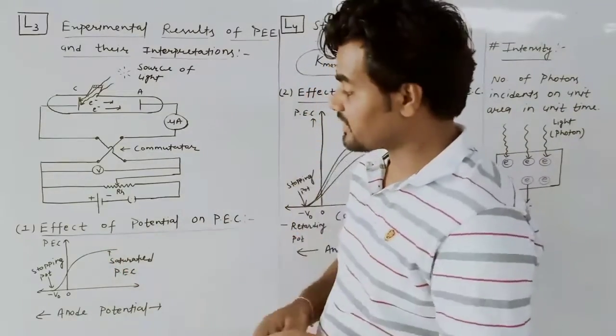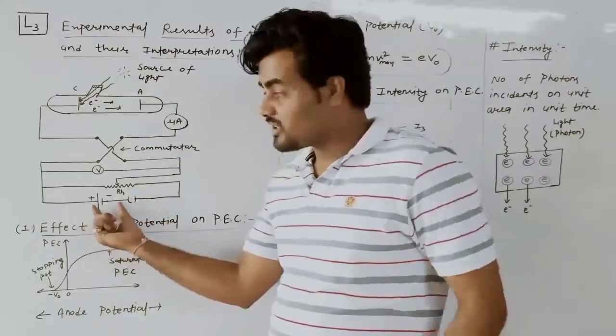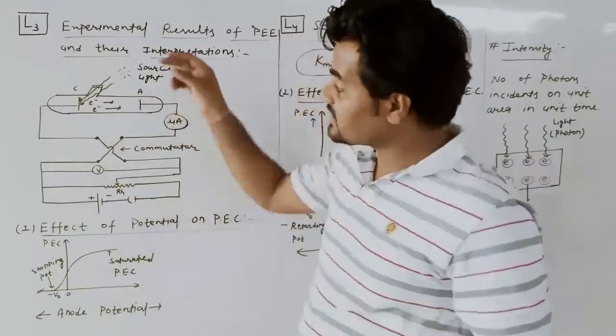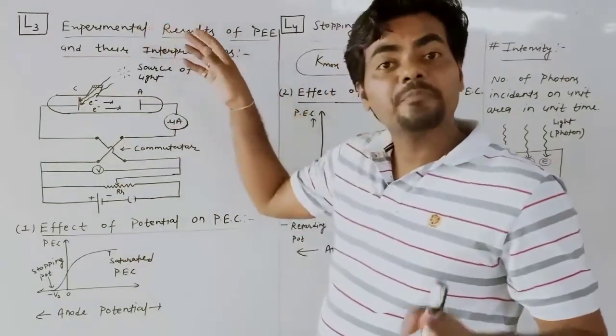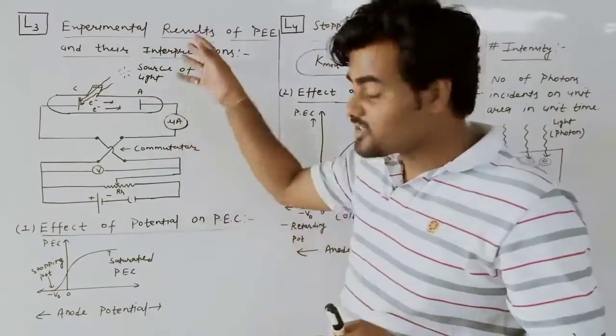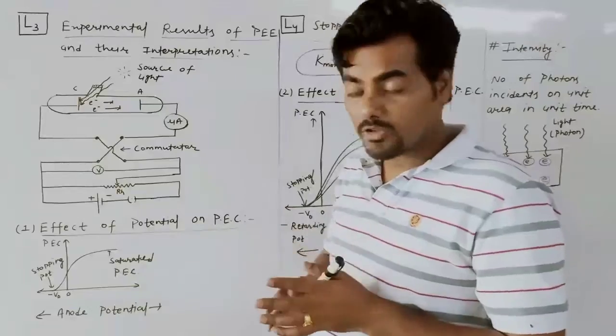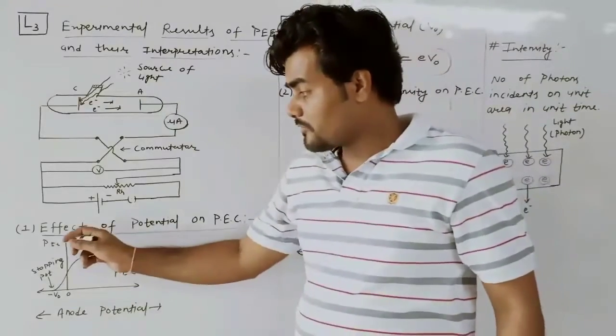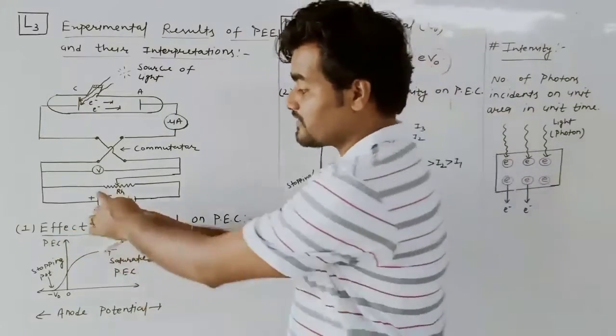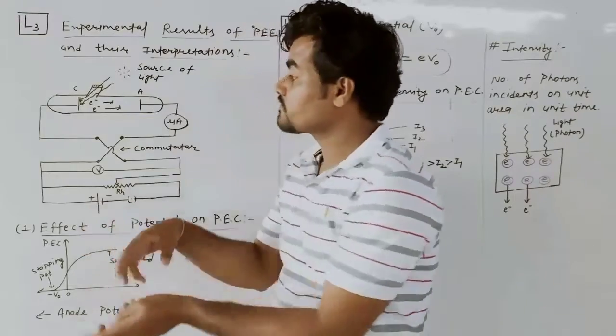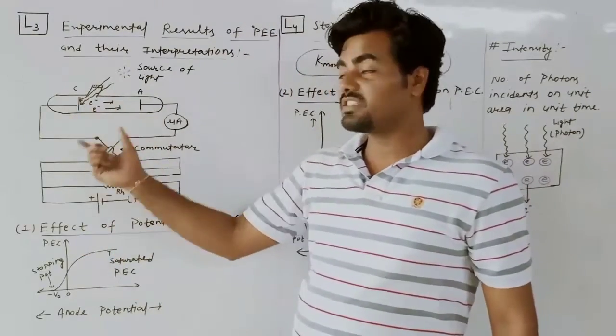Here we have three parameters, namely the applied potential between the electrodes, the intensity of the light, and the frequency of the light. First of all we will see the effect of this potential on the current flowing in this circuit.